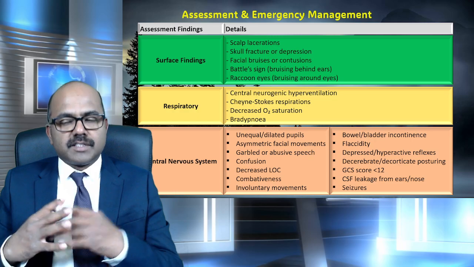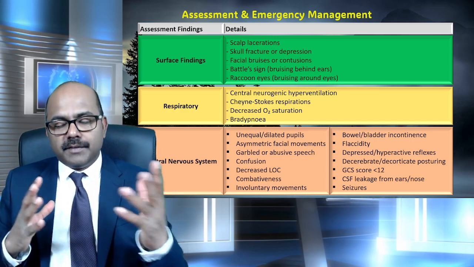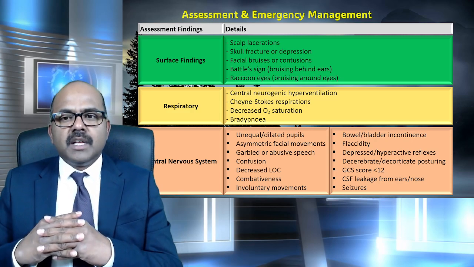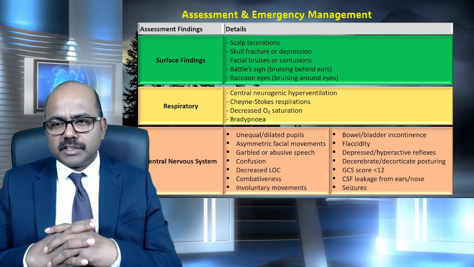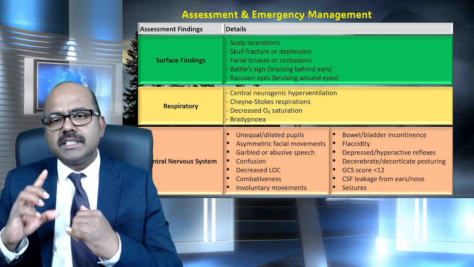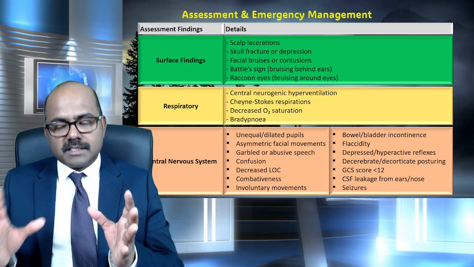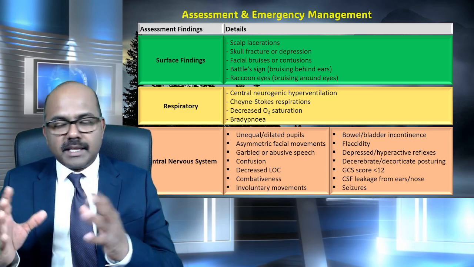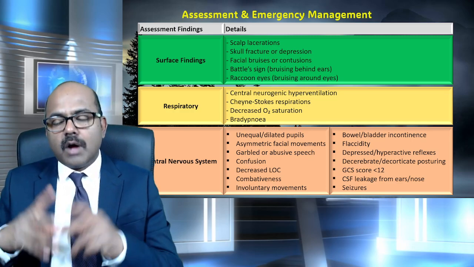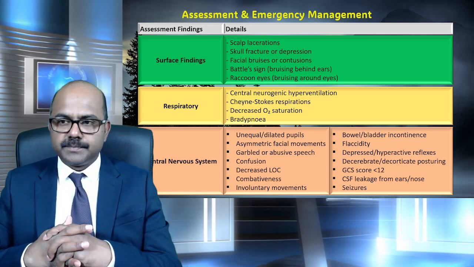A GCS score of less than 12 is considered a sign of head injury if head injury is suspected. Look for any neurological or behavioral deterioration, because if the patient has sudden acute confusion or delirium, that shows the brain has some issues. So always look for acute sudden changes in behavior or neurological status.